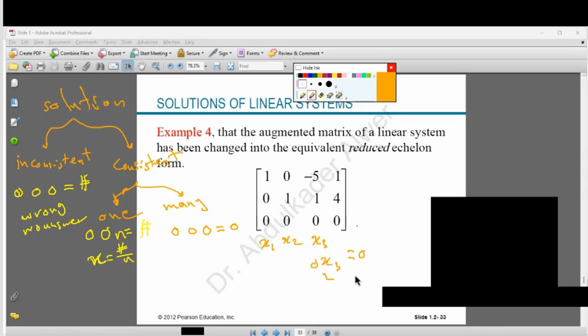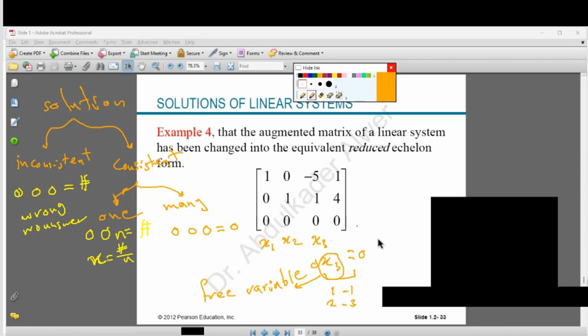Now, x3 here: if I use 1 it is correct, if I use 2 it is correct, if I use minus 1 it is correct. So x3 here is called a free variable. I can use any value for x3. I can use 1, 3, 4, infinity, minus infinity.